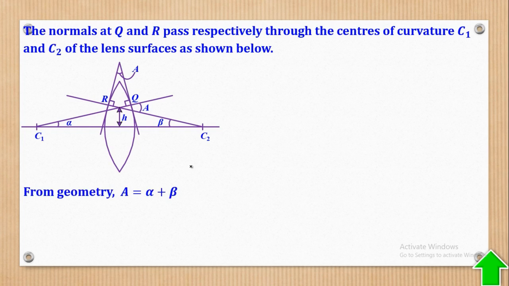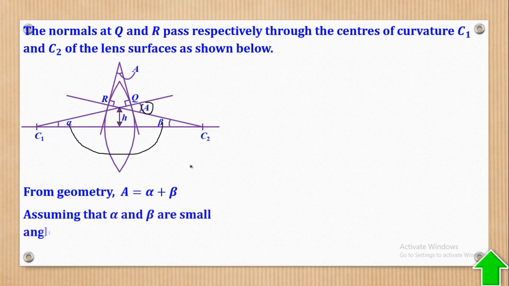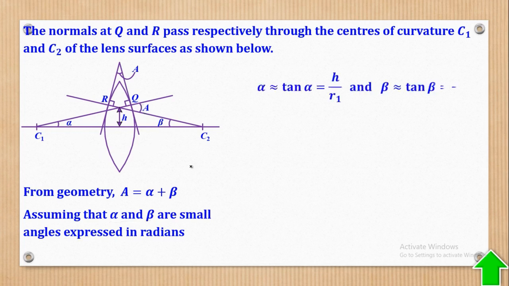Now by geometry, A will be equal to alpha plus beta. We know that one exterior angle is equal to the sum of the two opposite interior angles. Then assuming that alpha and beta are small angles expressed in radians, we shall get that alpha is approximately equal to tan alpha.